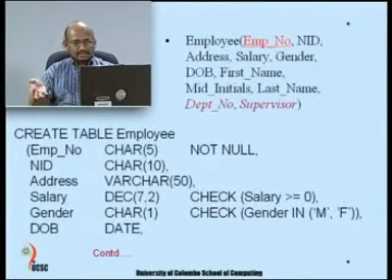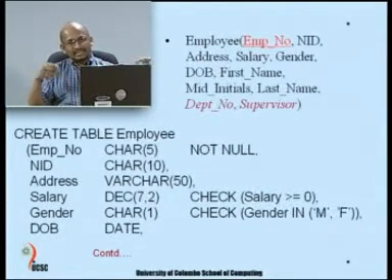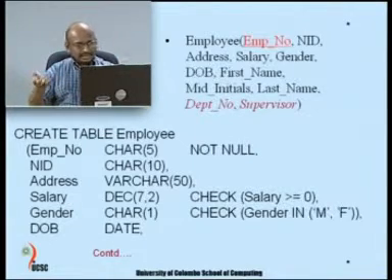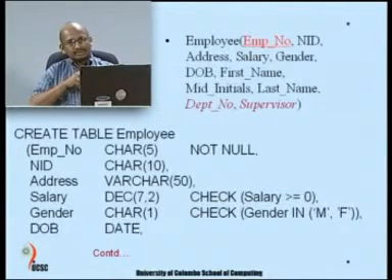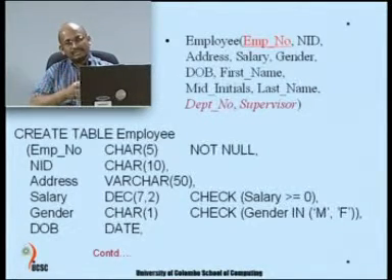Then the salary is defined with 2 decimal places and up to 7 digits, and a check constraint is used here. When you are using a check constraint, you use it by defining a condition that has to be checked, like we said we want to check that a mark is between 0 and 100.